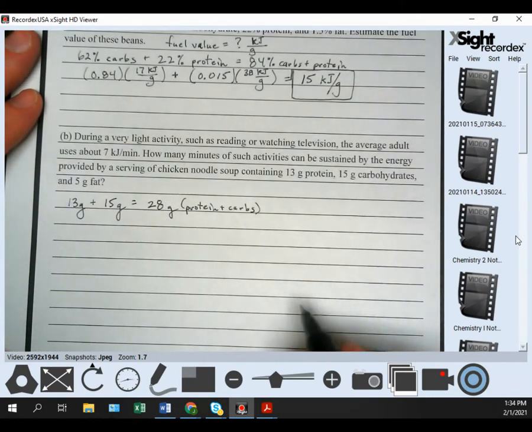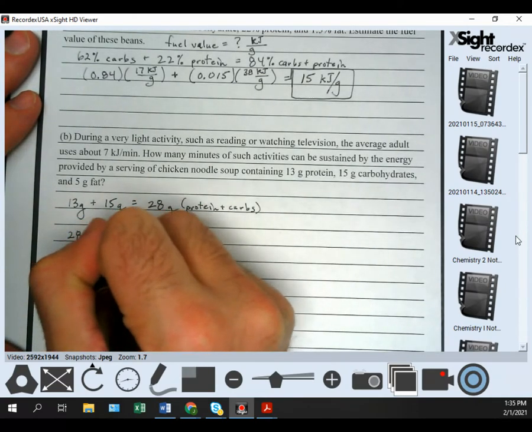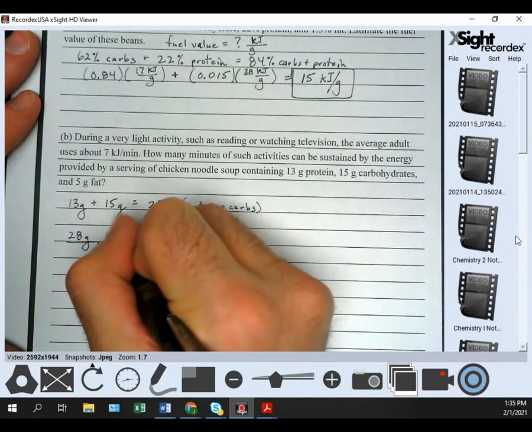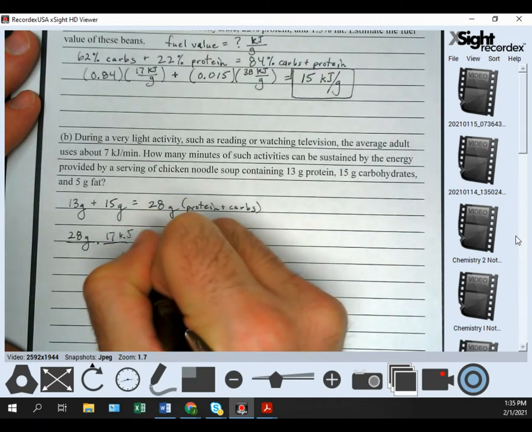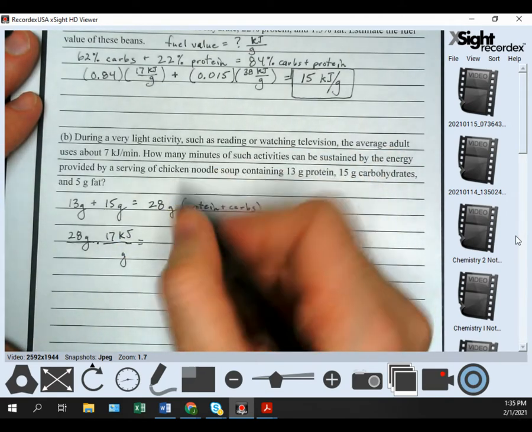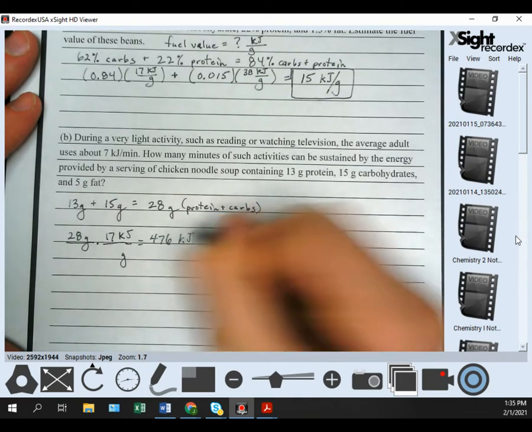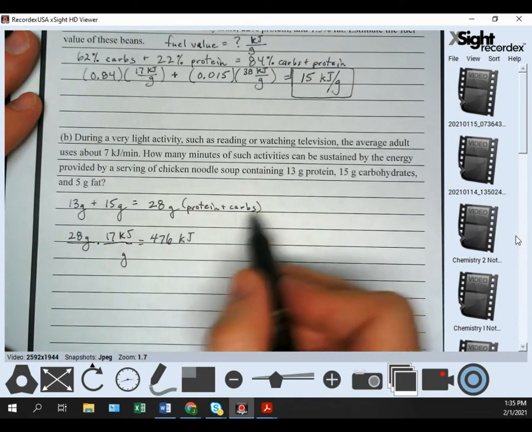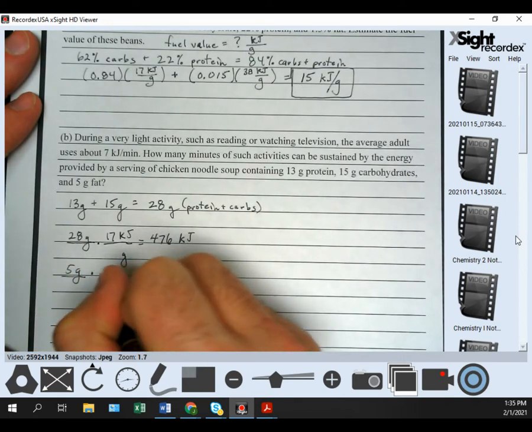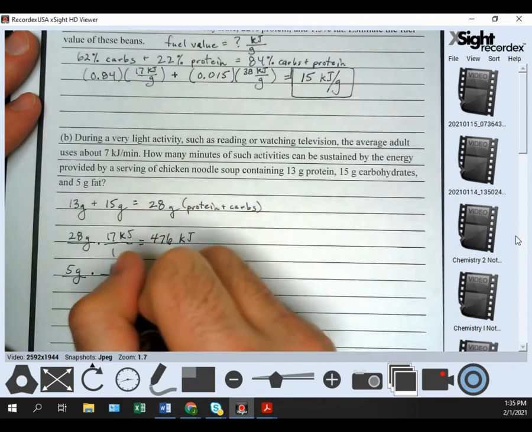All right, then I need to know how much energy I'm getting here. So I'm going grams to kilojoules. So this kicks me off 476 kilojoules. And I'm going to do the same thing with my fat. 5 grams of fat is going to be 1 gram for, was it 38, right?